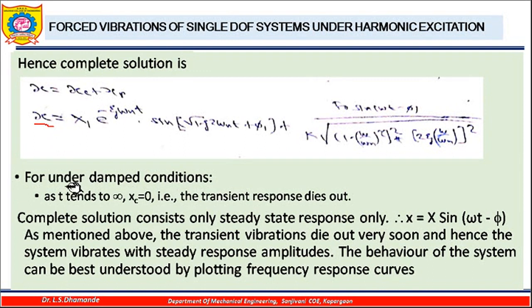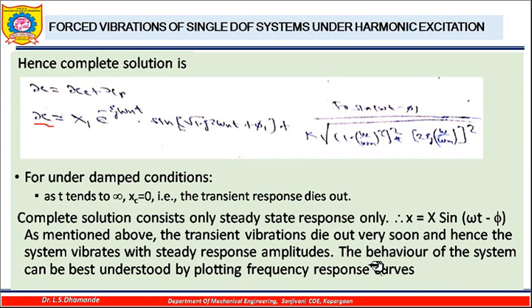For underdamped conditions, as time tends to infinity, xc becomes 0, which means after some period of time this xc will completely die out. So the transient response dies out and the complete solution consists of only the steady state response. Finally x will be equal to capital X sin of (omega t minus phi) only. As mentioned above, the transient vibrations die out very soon, and hence the system vibrates with steady response amplitude.